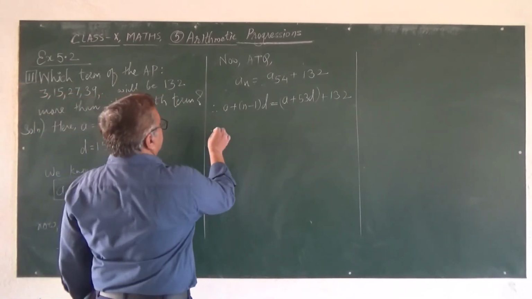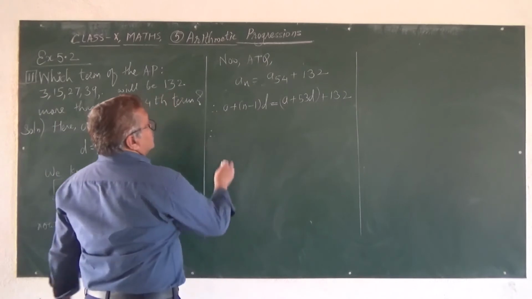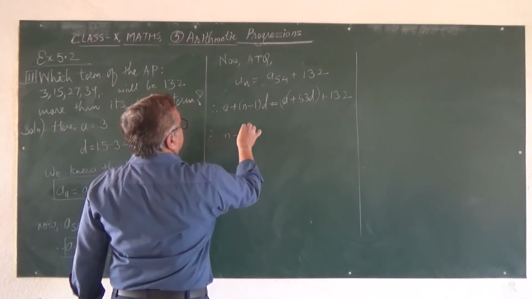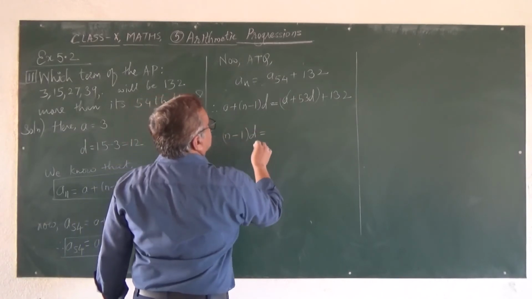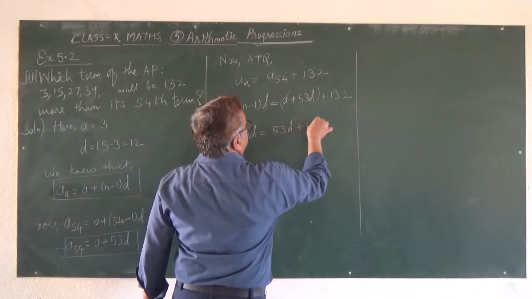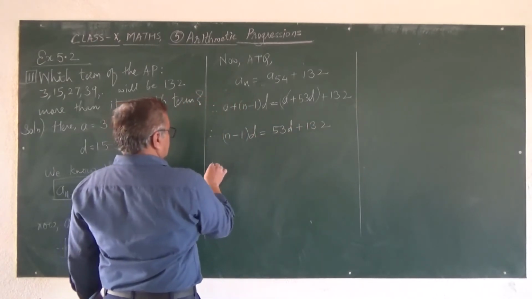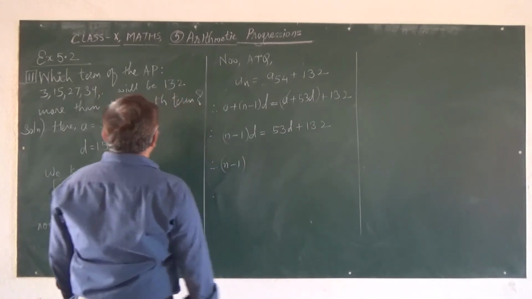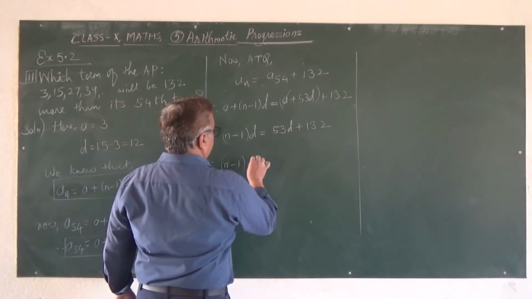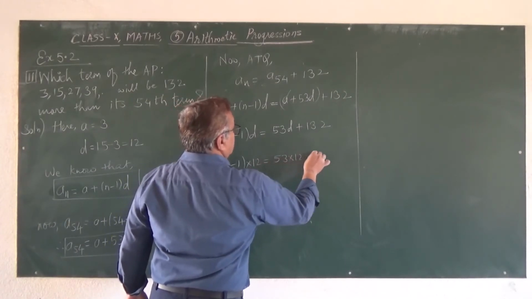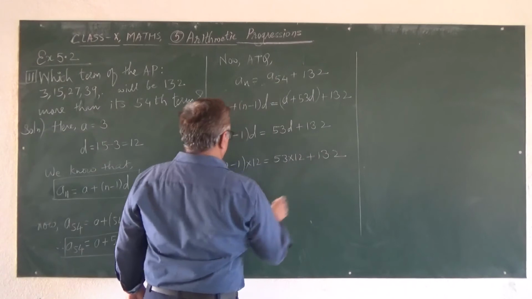If you simplify, a will cancel out, so what remains? So a cancels out, so n minus 1 into d is equal to 53d plus 132. Okay, so n minus 1 as it is, value of d is 12, multiplied by 12, 53 multiplied by 12 plus 132.